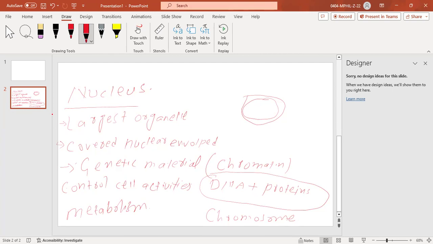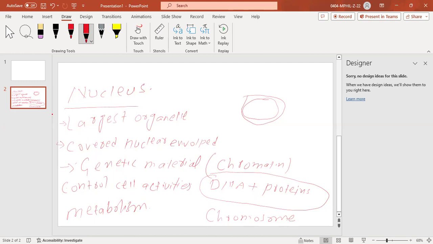Basic metabolism is the combination of all types of chemical reactions taking place in the cell. That is what we call metabolism. It is of two types. One is anabolism and the other one is catabolism.